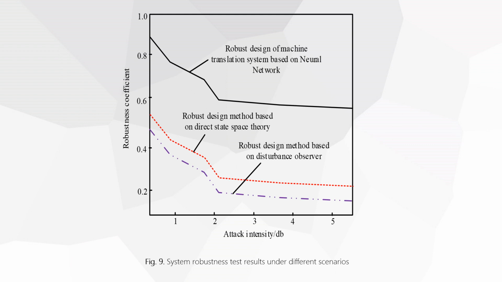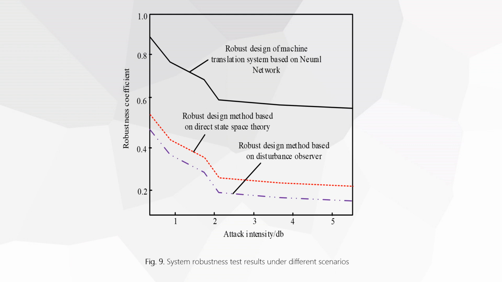The traditional robust design method based on the direct state space theory and the robust design method based on the disturbance observer are set as the comparison methods of the experiment in the system test experiments. The robustness of the machine translation system is optimized by the design method, and the robustness design is completed.